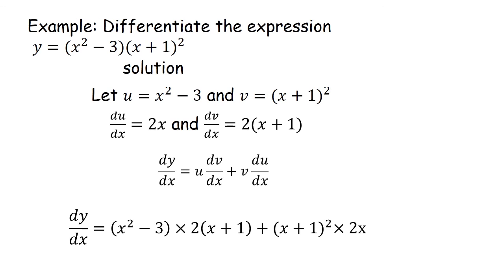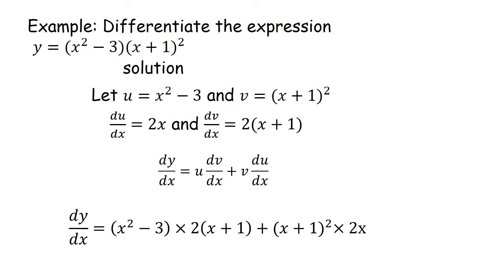Okay, so when we differentiate this, it will give us 2x. When we differentiate x plus 1 to power 2, it will give us 2 into x plus 1. Now we substitute in the formula dy dx is equal to u dv dx plus v du dx.